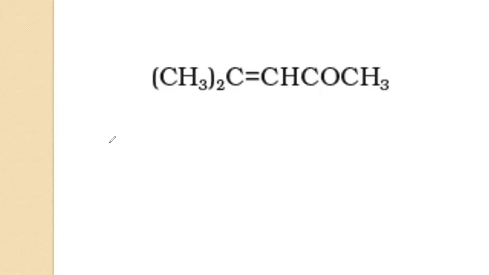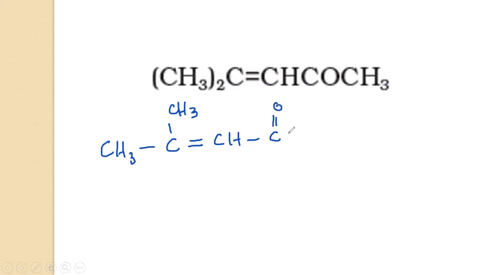Now here again we have (CH3)2C, double bond CH, C double bond O, CH3. So here we have a double bond and the keto group. Keto group will get the priority. So we will number it 1, 2, 3, 4, 5.